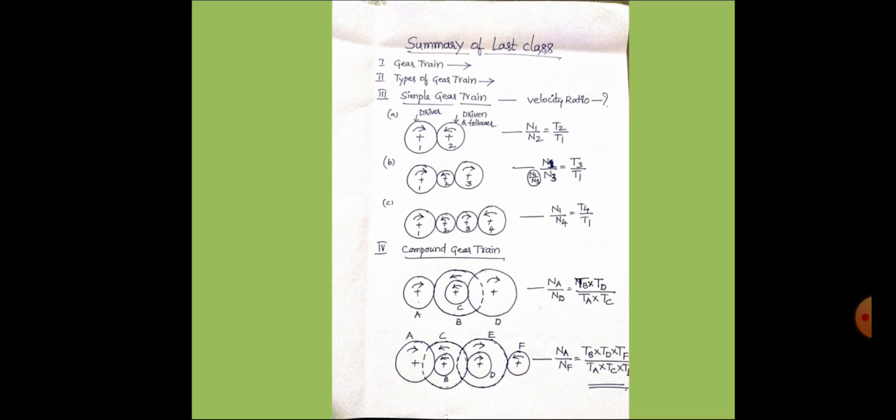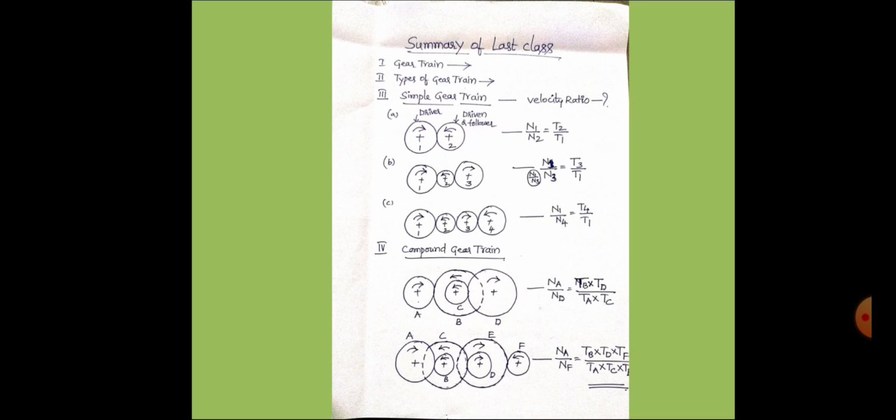In this gear train, how to find the velocity ratio? Once again, it is the ratio of speed of the driver. Here you look at A is driving the gear B, therefore gear A is called a driver.